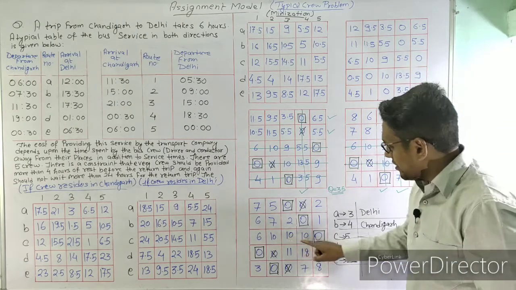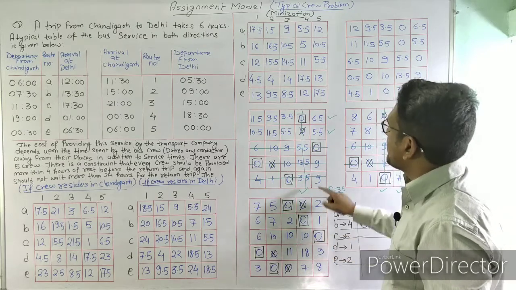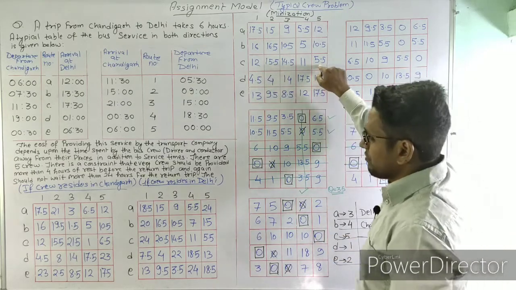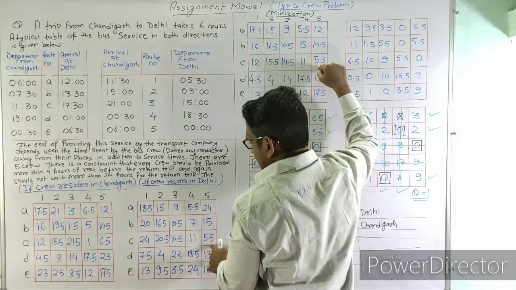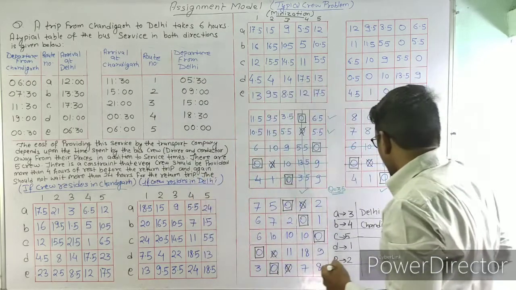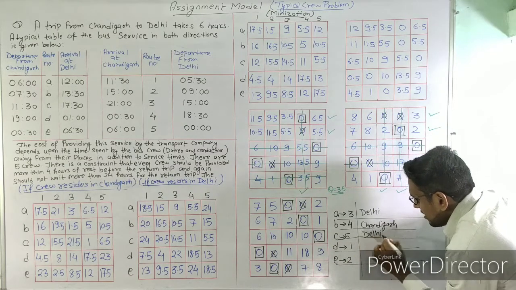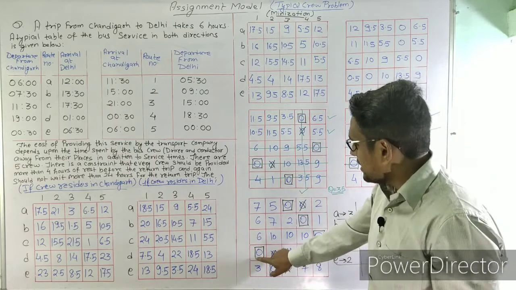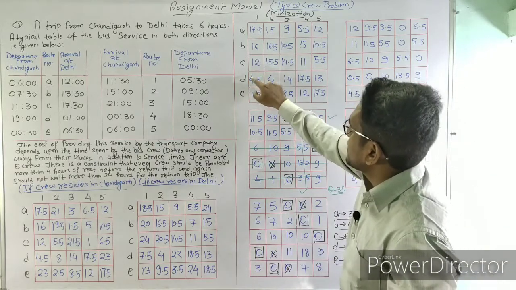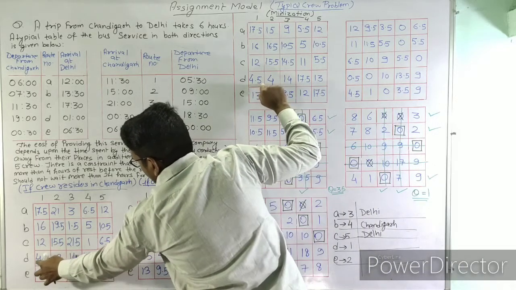Now moving on to the third assignment, let us see the cell C5. So C5 here is 5.5, and 5.5 is coming from this matrix, and this matrix shows that the crew resides in Delhi. So for this the crew resides in Delhi. Now next D1 has the value 4.5, and now this value is coming from this matrix.